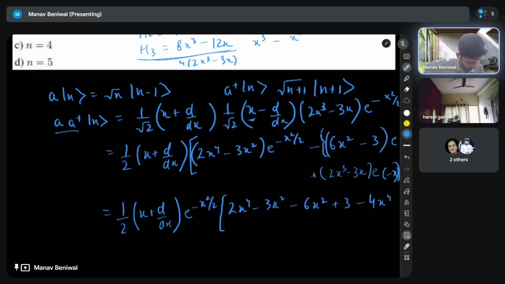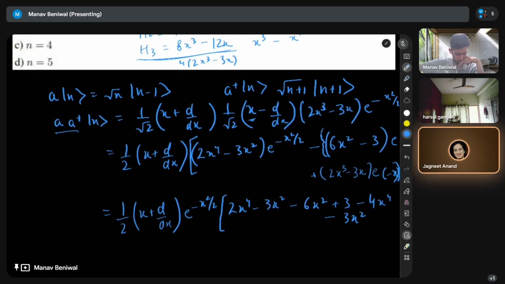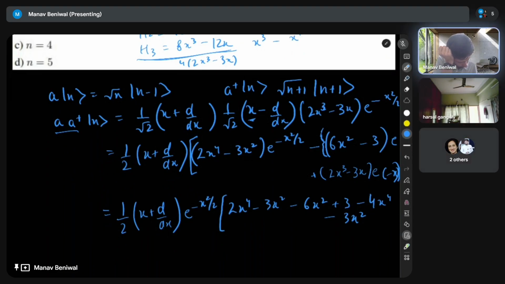Okay, so we have this thing, and then we have also minus 3x squared. That minus 4x to the power 4 is, I think, plus 2x4. Ah, yes, sorry. And this minus minus will make it plus, so this will be plus 2x to the 4th.